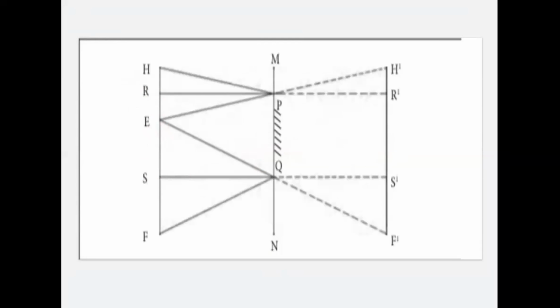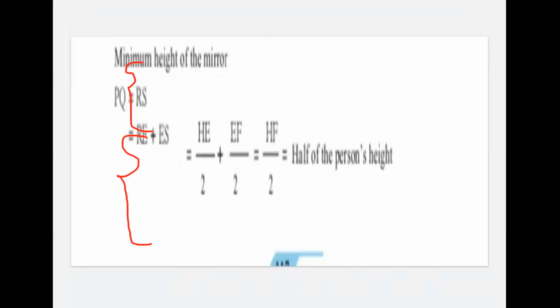Now, if you carefully look, RE is half of HE, and ES is half of EF. We just substitute this in that equation. So how would the equation look? RE is half of HE and ES is half of EF.